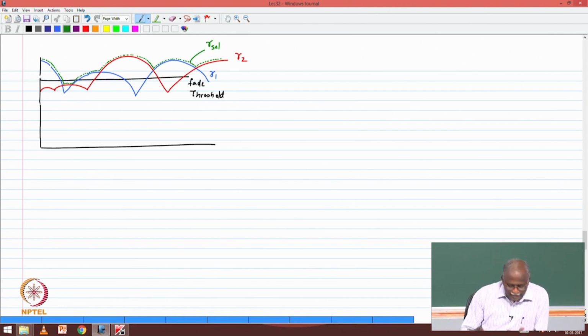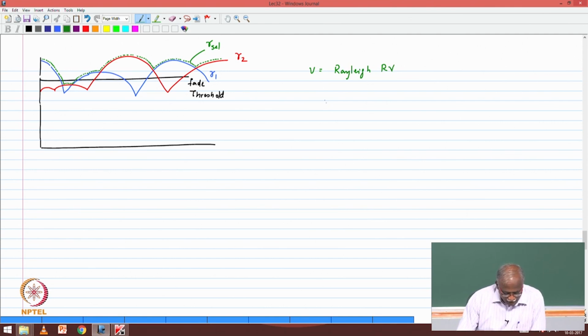Again, it hopefully solidifies whatever we have been saying so far. So let's quickly establish the analytical framework for selection diversity. Our basic premise is that the envelope of the fading waveform is a Rayleigh random variable. Again, this is just a recap.